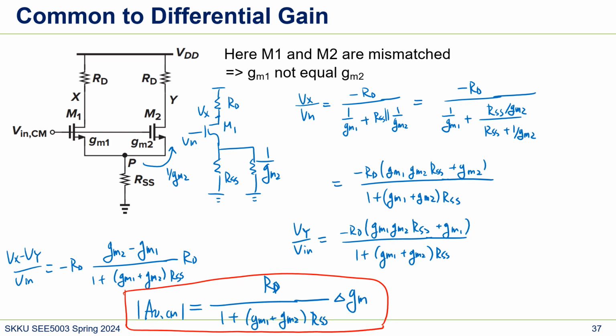Oh, this is not common mode gain actually. This would be the common mode to differential mode gain. So this is not good, right? If we have a GM1 and GM2 mismatch, then if we change V in common mode, the common mode difference will be reflected to differential mode.